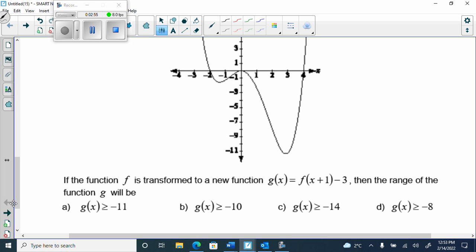No, the whole graph's moving one to the left, but it doesn't affect it because all I care about is my range. And my range is doing what? Going down 3. So where's it going to be at now? Negative 14. So now it's just greater than or equal to negative 14. We don't care about the x. It didn't do anything to it.